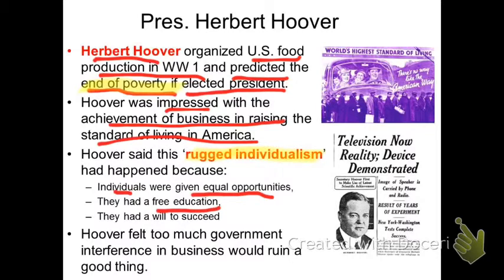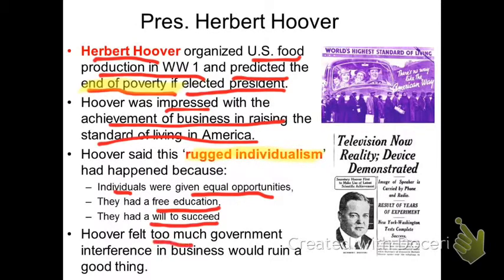In addition, they had a free education, and they had a will to succeed. So Hoover believed that an educated population with the will to succeed and given the opportunity will be successful. I kind of agree. In fact, I do agree. I think many people would agree with that.